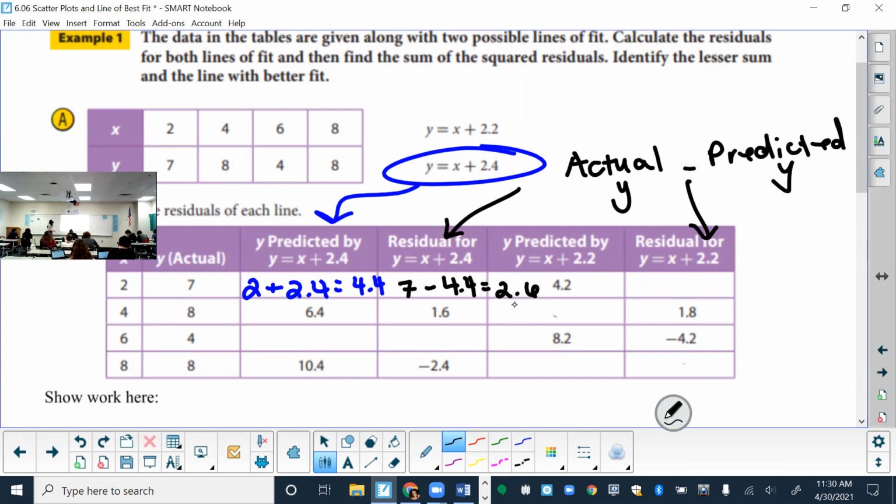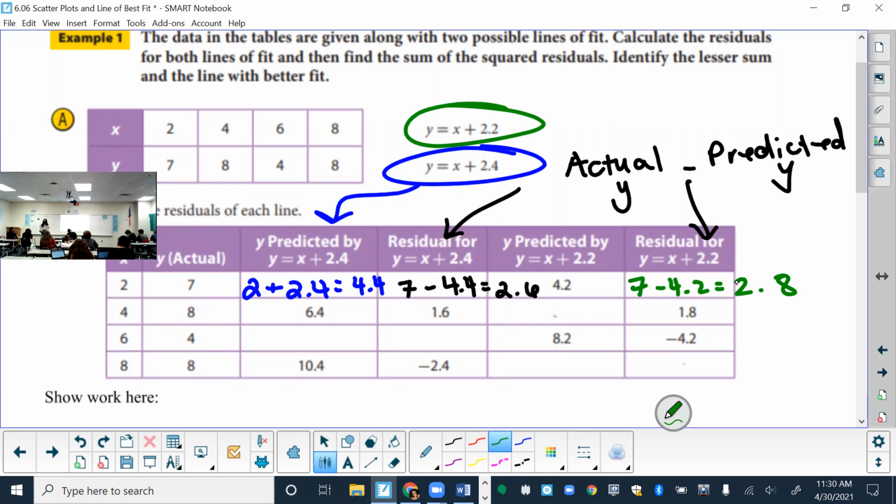All right, now they already gave you the predicted y for the other equation. But we need to calculate the residual for that one. So what was the actual y value? And the predicted is what? 7 minus 4.2 is 2.8.